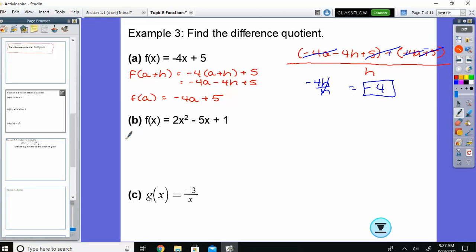Okay, B, f of a plus h. You can come out to the side and work that if you want. Whatever works for you. We're going to plug in a plus h for all those x's.